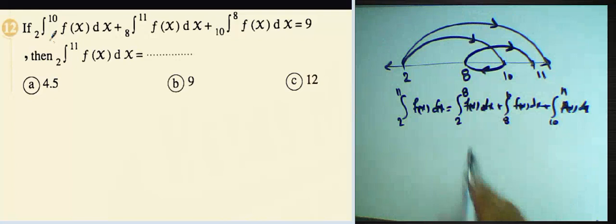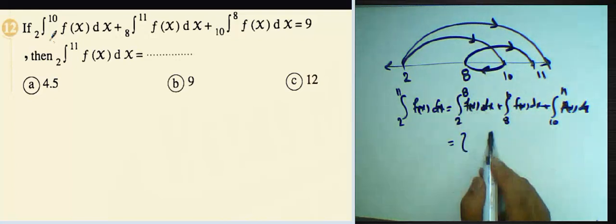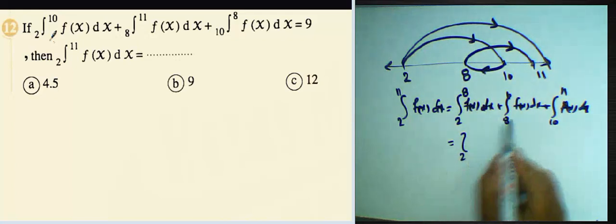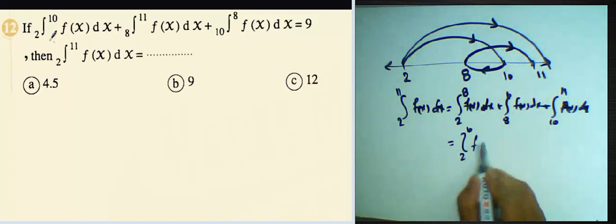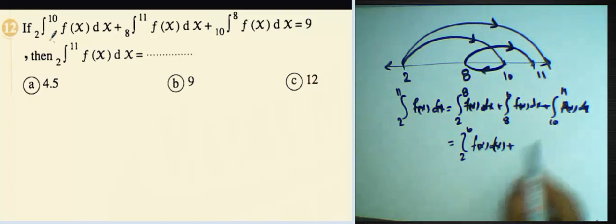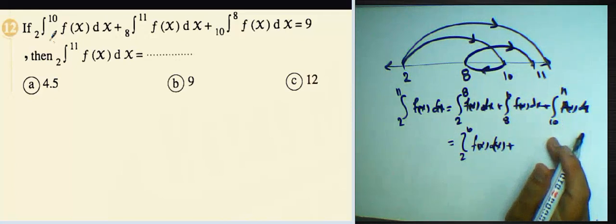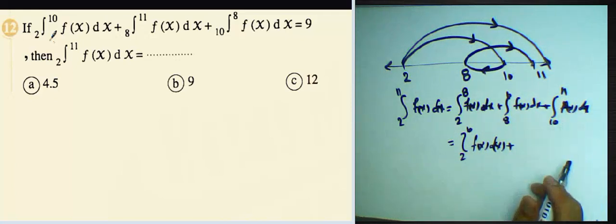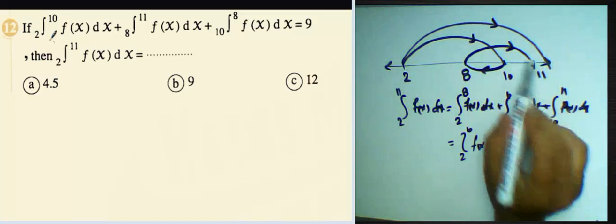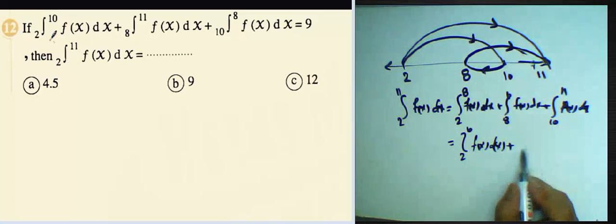We can add them here. It will be 2 to 10 because 8 is continuous between them. It will be 2 to 10 f of x dx plus from 10 to 11. Okay, where 11 is here, 10 to 11.